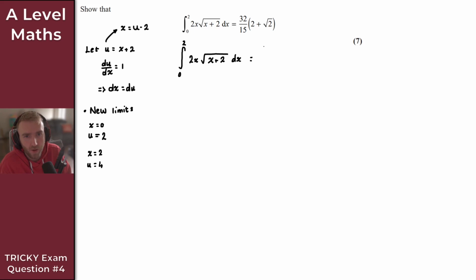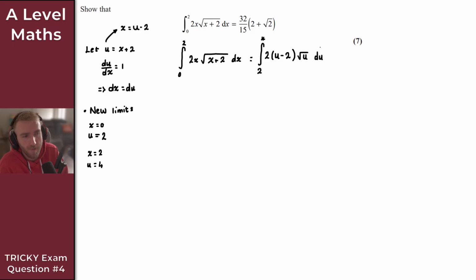We're integrating from 2 to 4. 2x is 2 lots of u minus 2. I then have the square root of x plus 2, which as we mentioned at the beginning is simply root u, or u to the power of a half, whichever you prefer. And then we have dx, which is simply du.